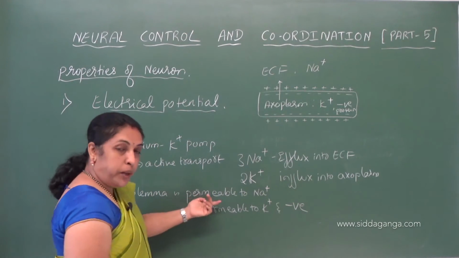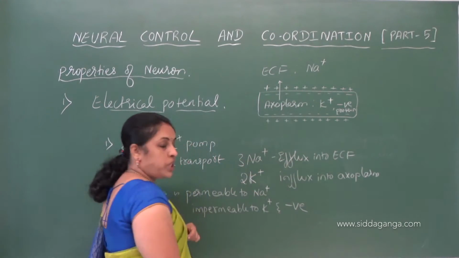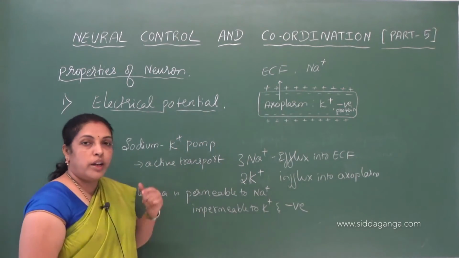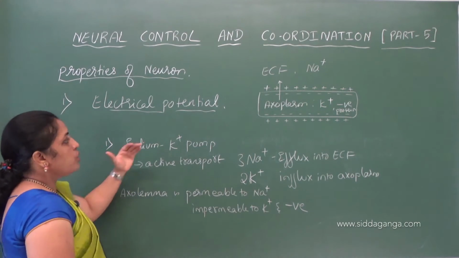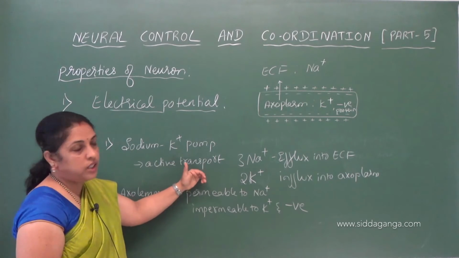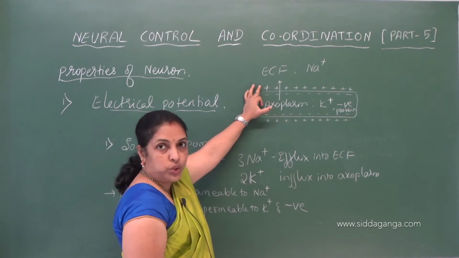So this permeability of the membrane again helps to maintain positive charges outside the axolemma and negative charges inside.